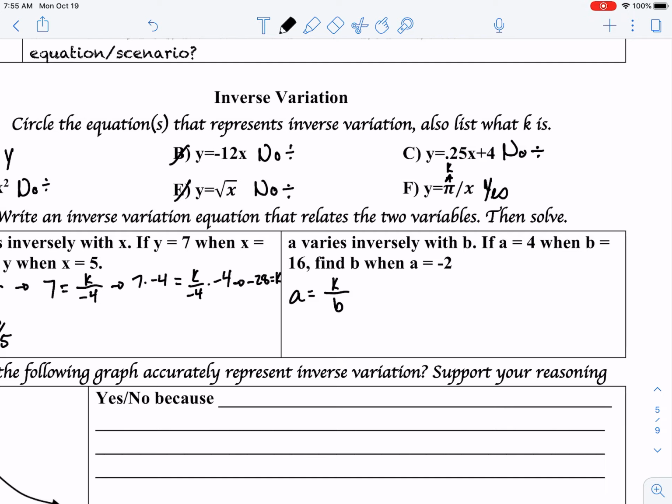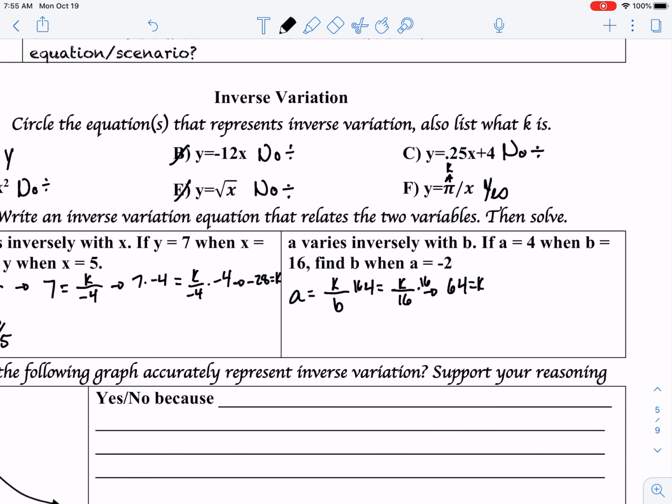If A is 4, when B is 16. Again, I need to get rid of this fraction, so I'm going to multiply both sides by 16. So times 16 times 16, I get 64 is equal to K.